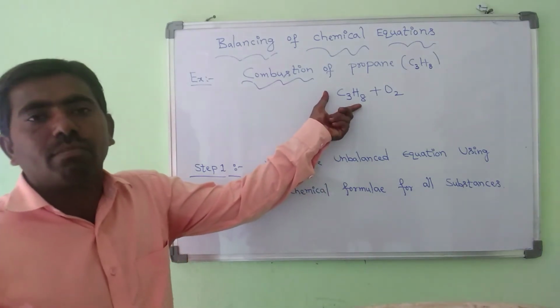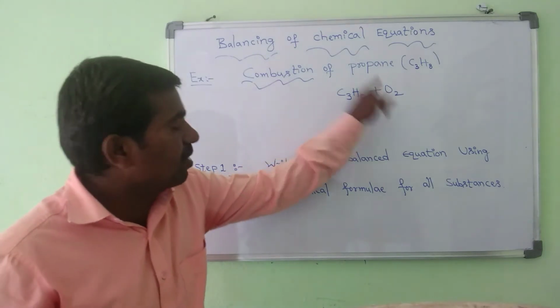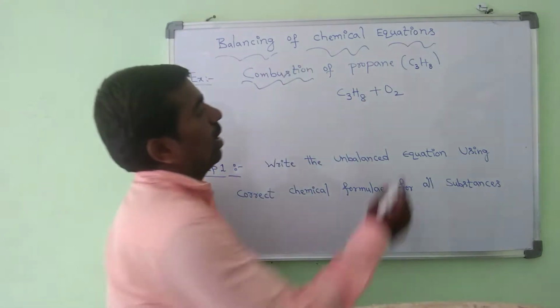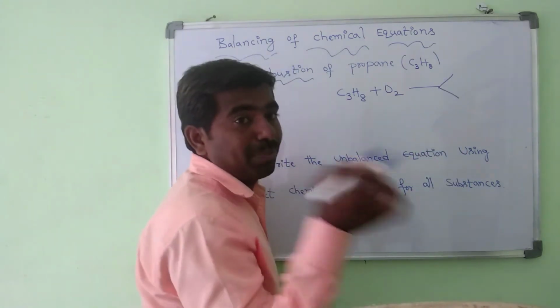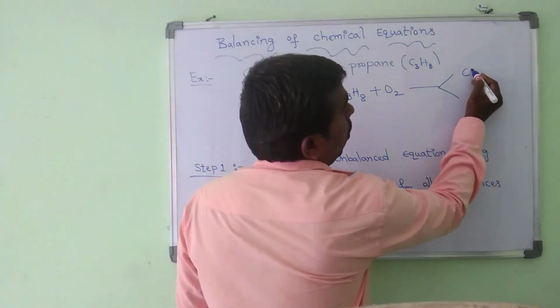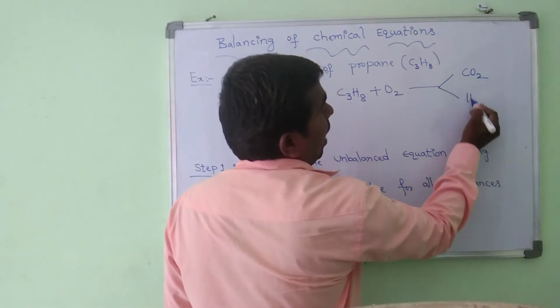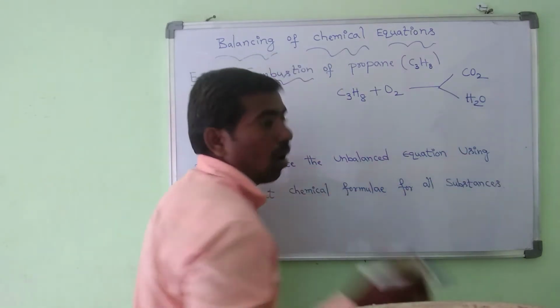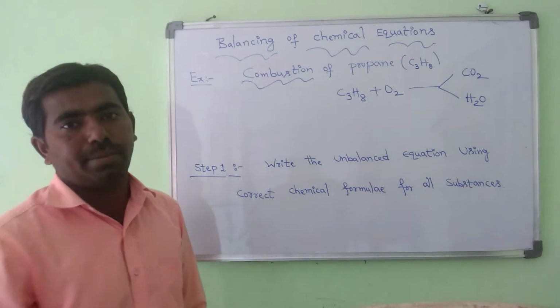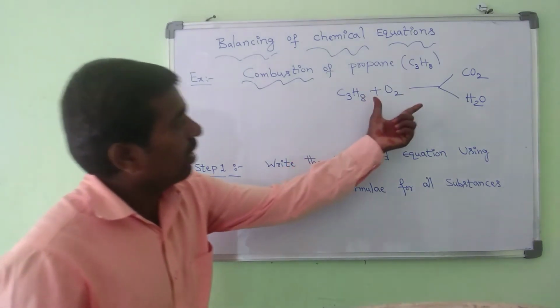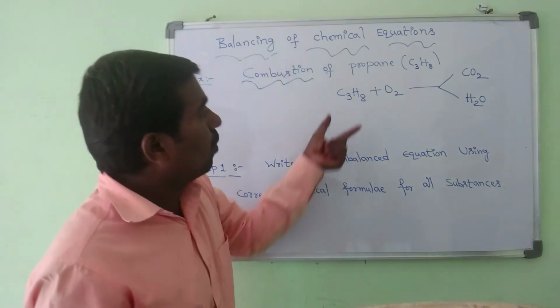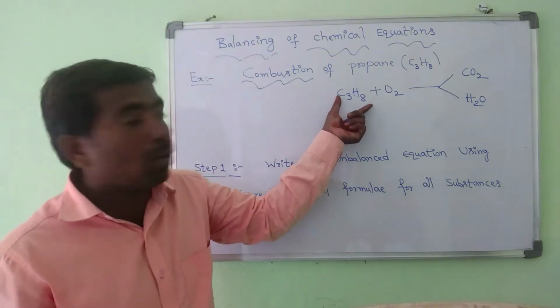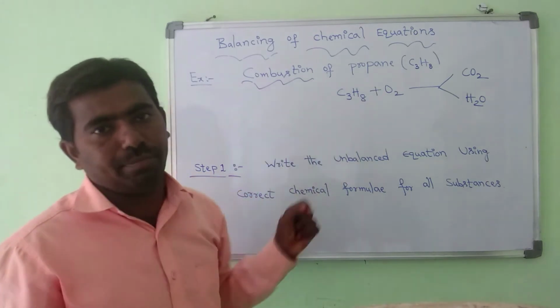Propane burns in the presence of oxygen and forms two new substances. They are carbon dioxide and H2O, along with heat energy. Now look at this one. Here the first substances are propane and oxygen.